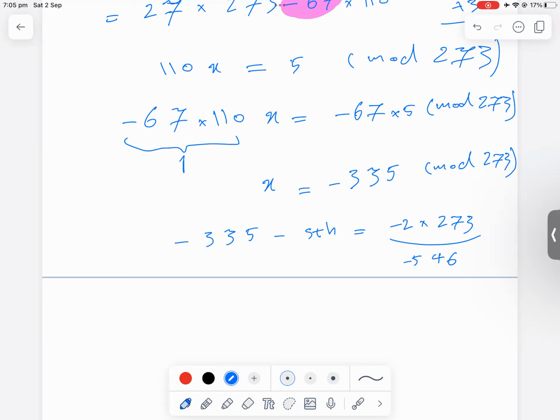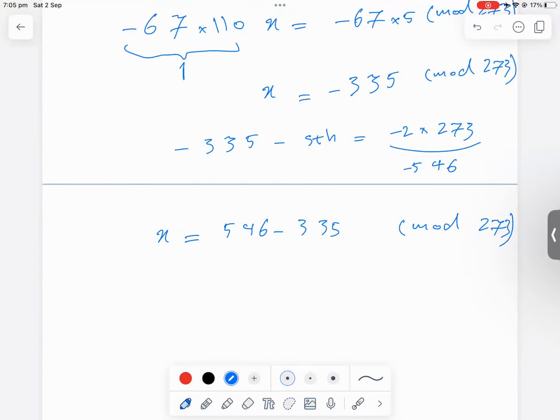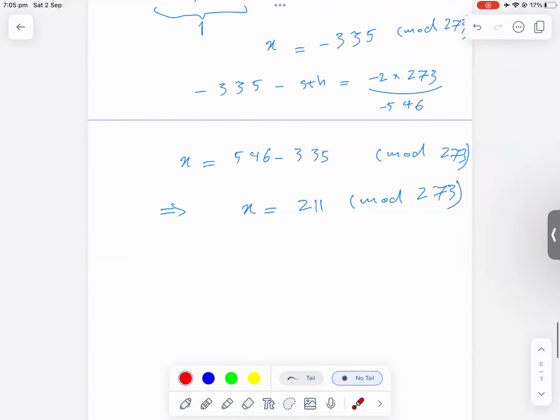So x will be 546 minus 335, which will be mod 273. So as a result, x will be 211, mod 273. So I hope I didn't make a mistake in my calculations.